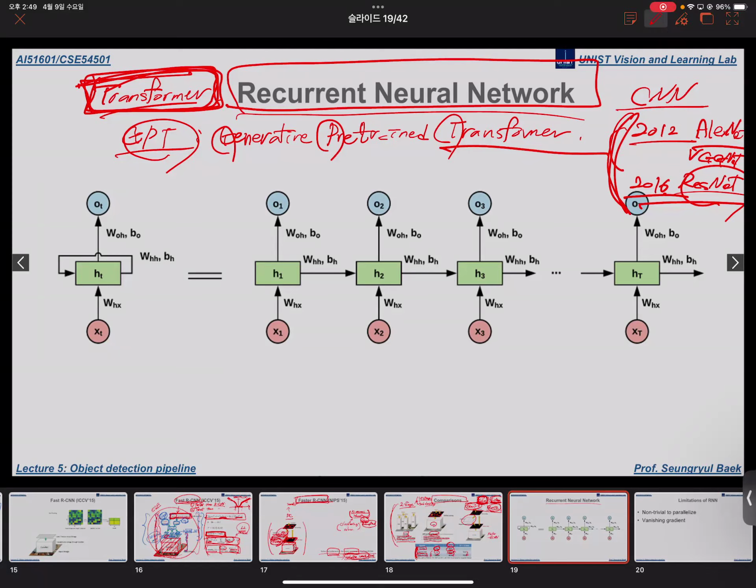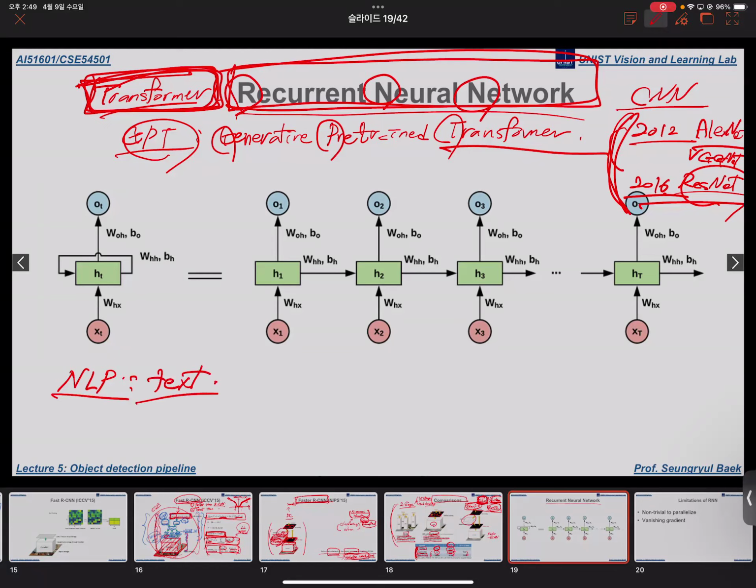So this kind of explanation is necessary, actually. So you have to know about the RNN first, okay? So NLP is basically dealing with text signals, right?